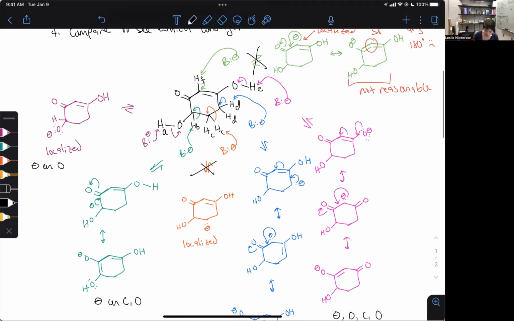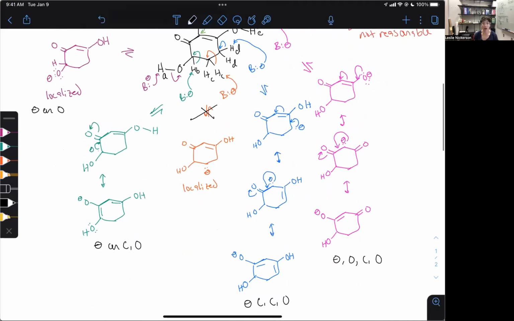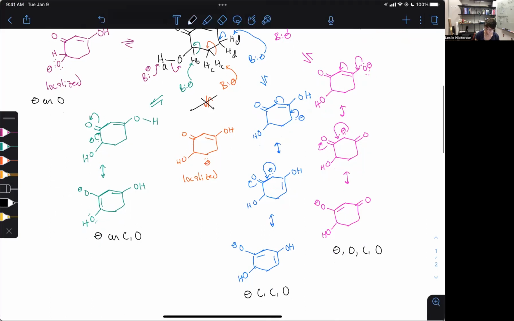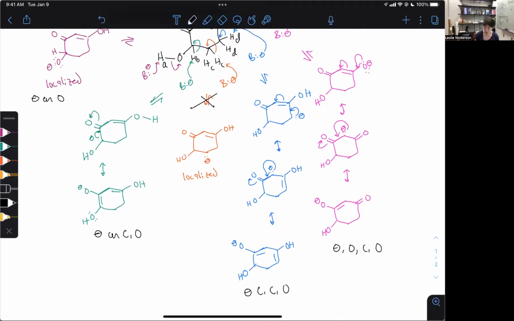Okay, so from that, you can see pretty well how you would rank these. These two might be fairly similar, but there's a clear winner here. Okay, this one is going to be the most acidic with the most stable conjugate base, because I've got charge delocalized on 2 oxygens and 1 carbon.